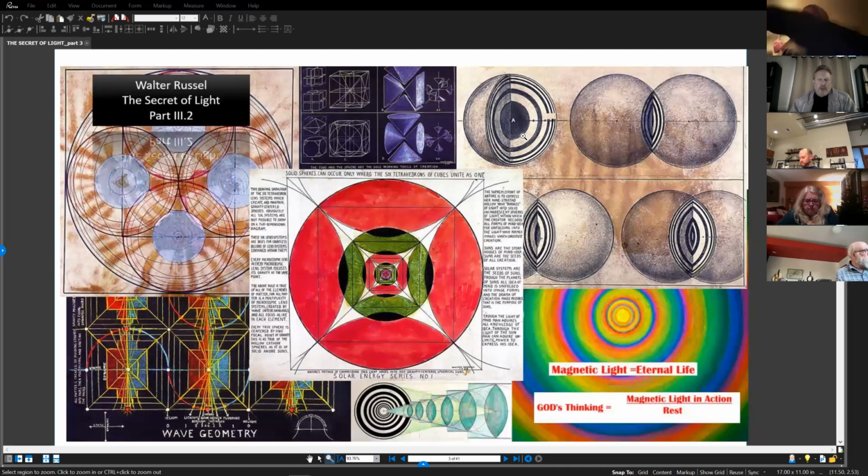It's an opposite charge to the positive. That's one thing they've really tried to emphasize later in Walter's work: there is no such thing as a neutral or negative charge. Therefore, the current scientific materialist idea of the atom with a neutron, electron and proton, they're all pretty much charged particles, but in equal and opposite directions.